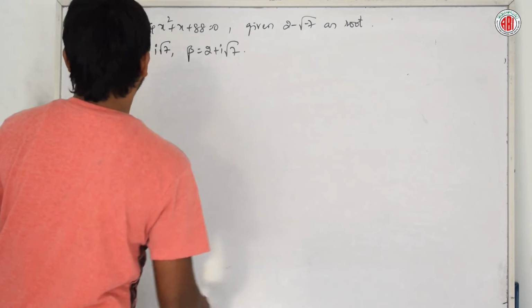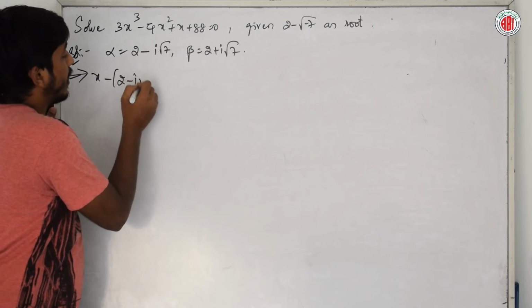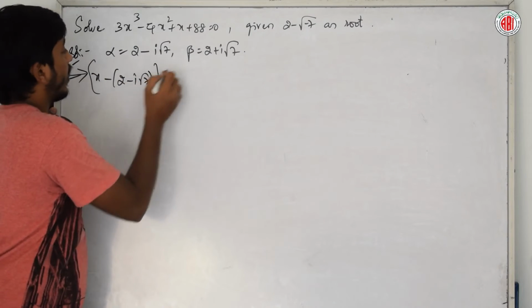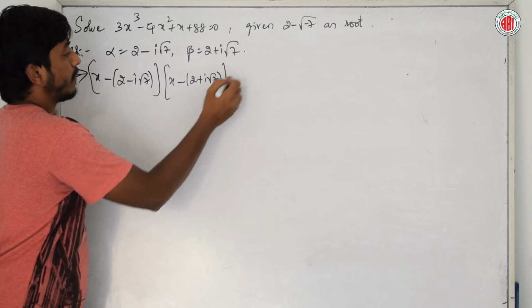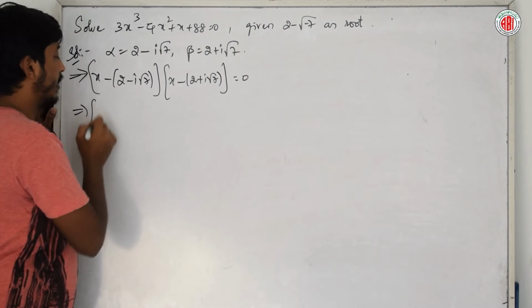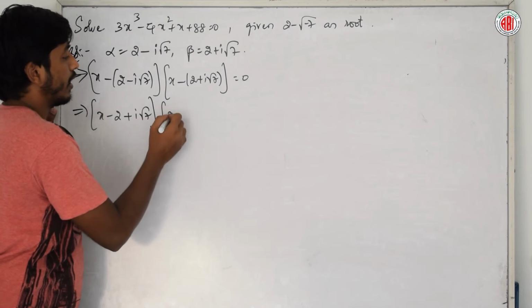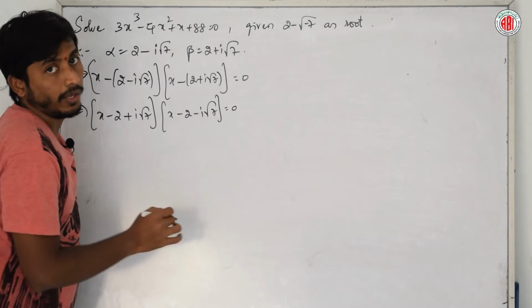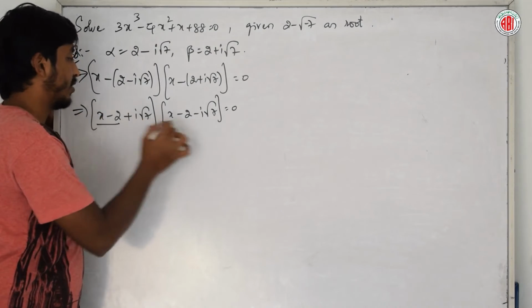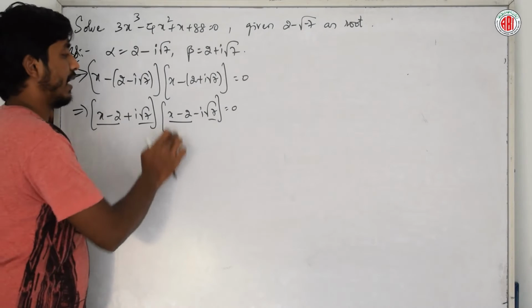How do we find? The equation is (x minus 2 minus i root 7) into (x minus 2 plus i root 7) equal to 0. So this will be x minus 2 plus i root 7, here x minus 2 minus i root 7. Okay. So now x minus 2 and i root 7 have different terms: a plus b, a minus b.